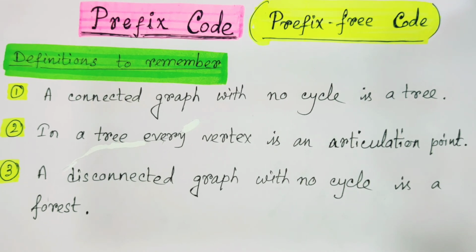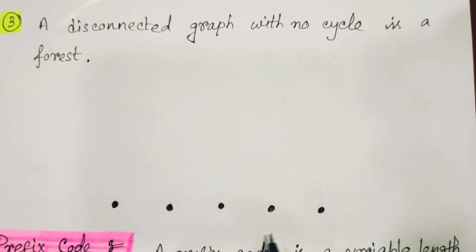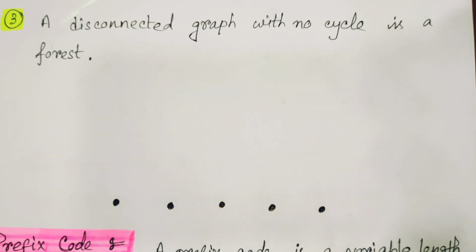For these three definitions, if we take one example, suppose these are the few vertices we consider. If we say this is our graph, then this is definitely forming a forest because all are disconnected and no cycles are forming here.